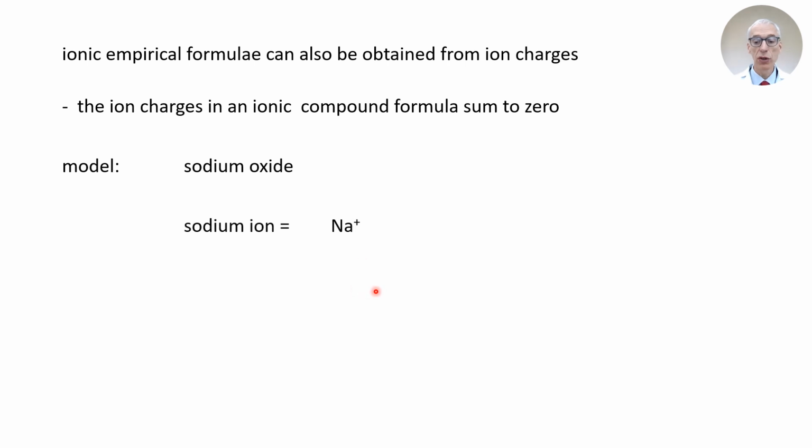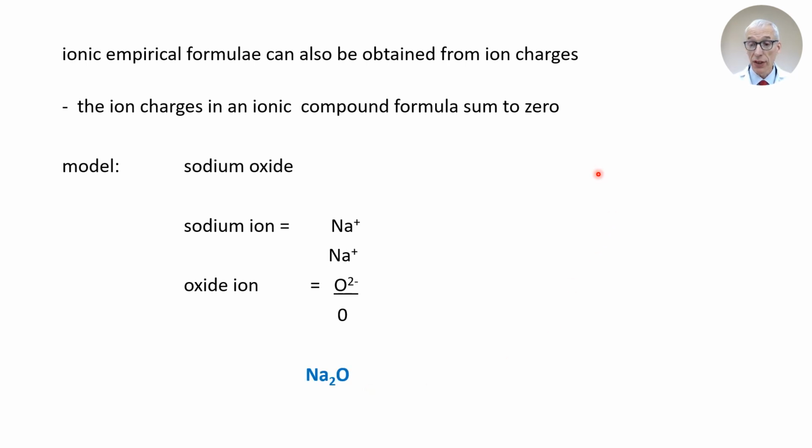Oxygen is in group 6, so it forms the oxide ion at 2-. If we add sodium and oxide together, it does not come to 0. To achieve 0, we need a second sodium ion. So 1 + 1 + 2- comes to 0. So the correct formula for sodium oxide is 2 sodiums and 1 oxygen.